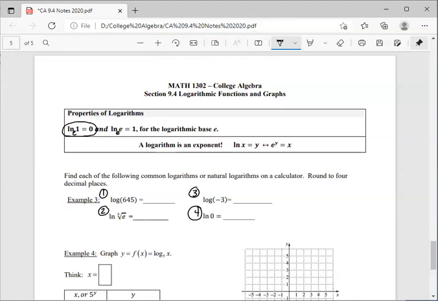And they're saying round to 4 decimal places. 2.8096. Is that okay with you guys? If I type in the log of 645.